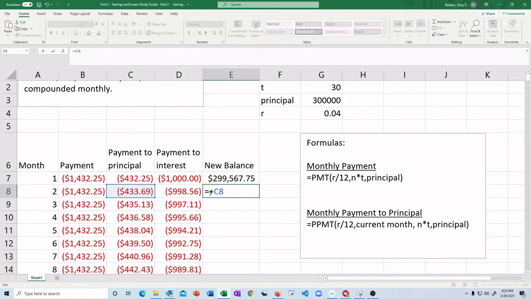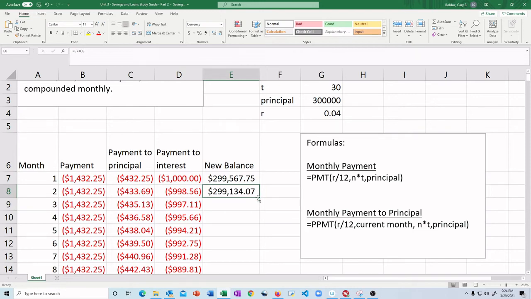It's not the 300,000. No, I already got smaller. It's this amount. That was the new amount I owe on the loan after month one. So I've got to take that and apply my $433 to it.